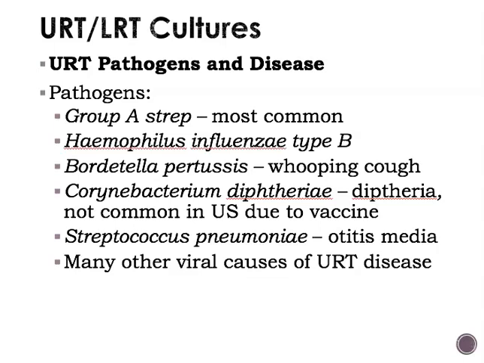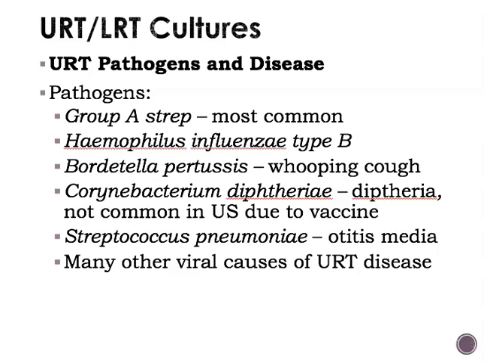Corynebacterium diphtheriae. This one's not as common in the United States and most of the developed world because of the diphtheria vaccination. Diphtheria was more common in children. The bacteria produces a toxin that causes what's referred to as a pseudomembrane that forms and can cause trouble with patients being able to breathe.